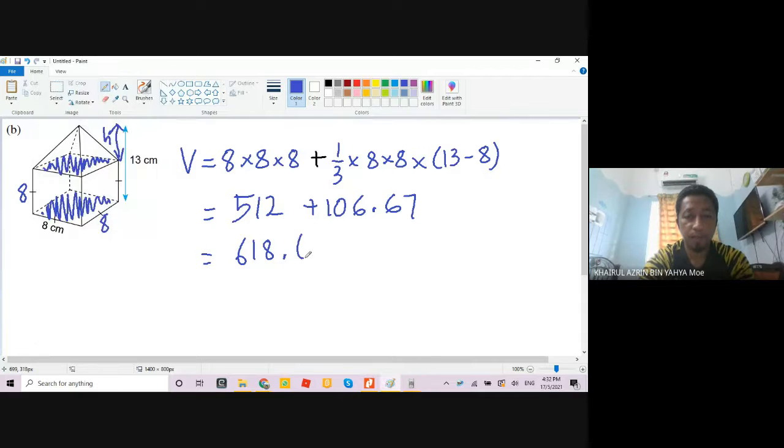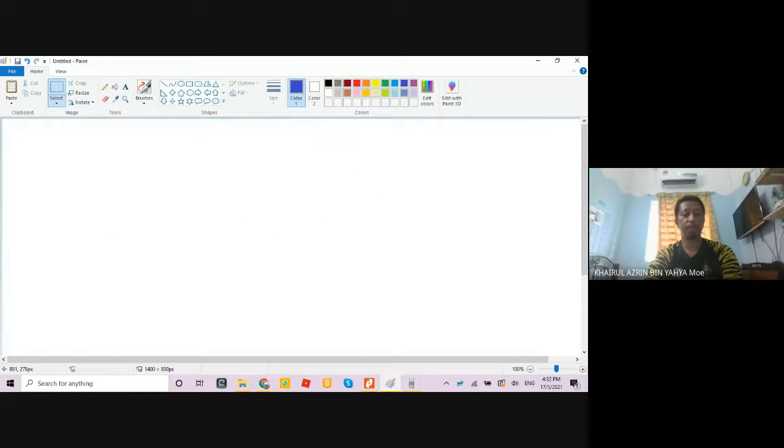What is the unit? The unit is cm cube. Volume, the unit is centimeter cube. So this is the answer for the volume for question B. Question B is easy, no pi involved here. Next we go to question C, the third question.